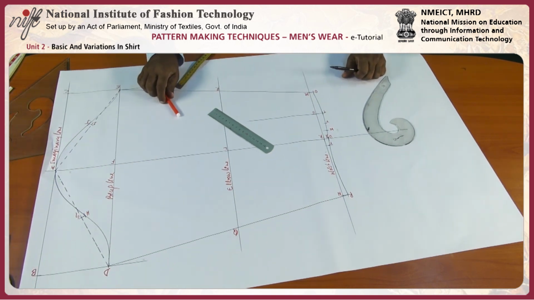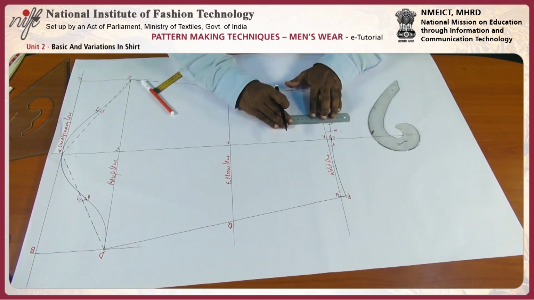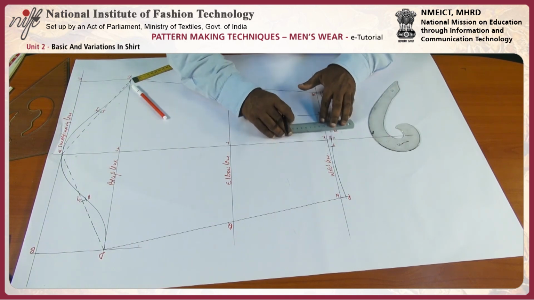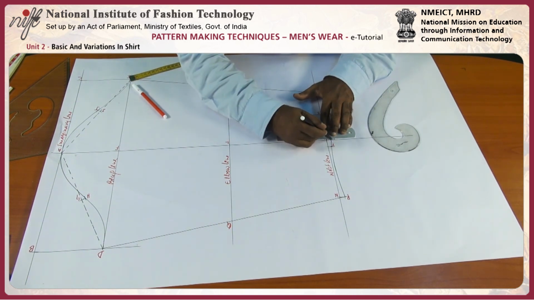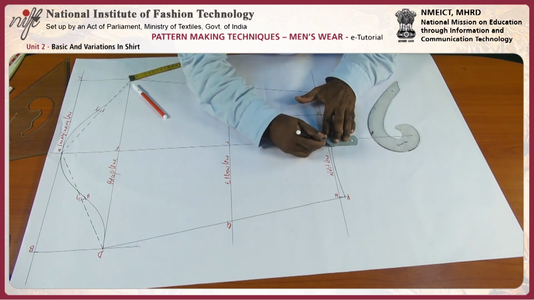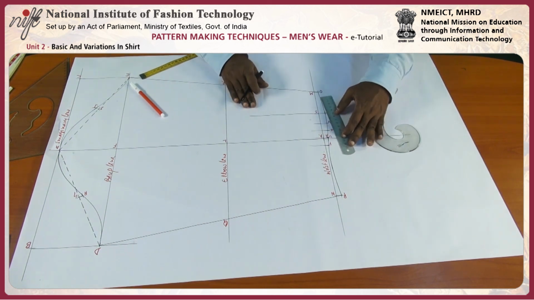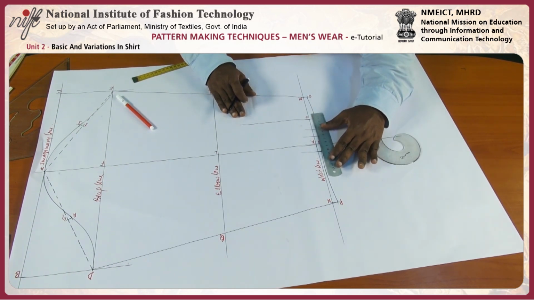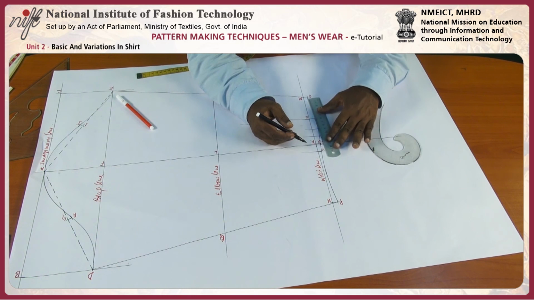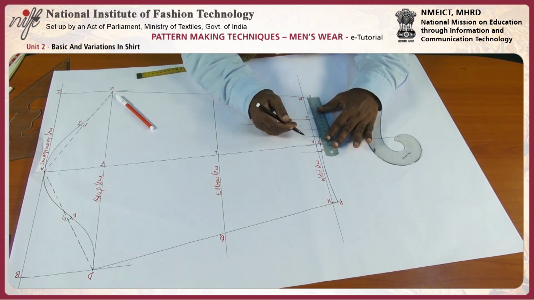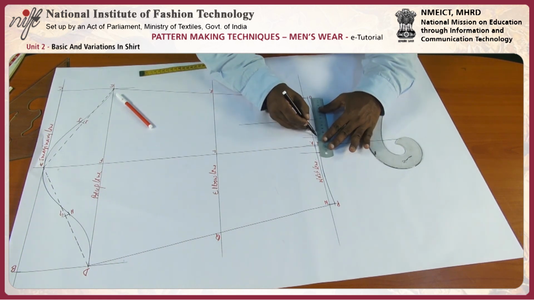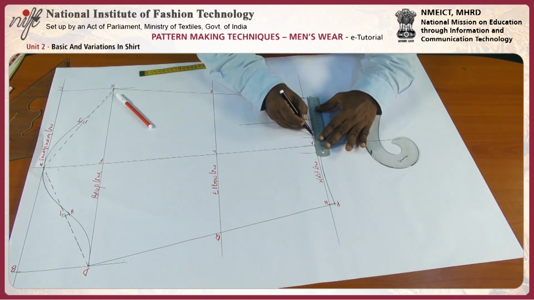These pleats can be shown with shading marks that indicate the placing of the pleat. Sometimes this can be shown as directions so that operators, or whoever stitches the garment, understand the positioning of the pleat.